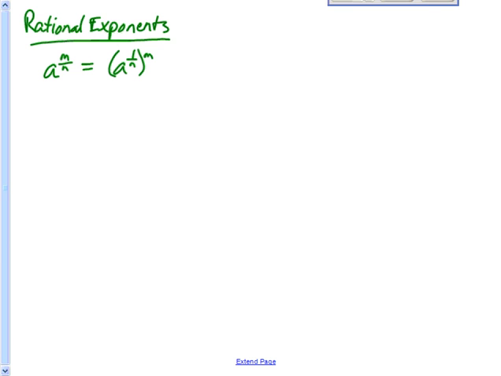You remember how you would multiply a power, that m is your power of another power, so you're multiplying those. If you multiply that, don't you get m over n there? So by definition, that is the nth root of a to the m, or if you want to write it in radical notation, this is the same thing. So either one of those. So that's a to the m over n.